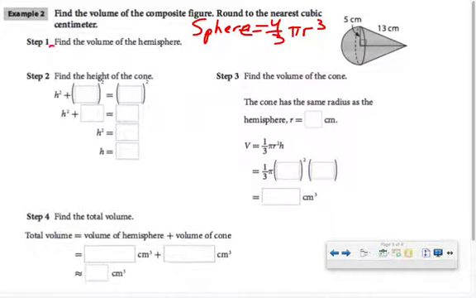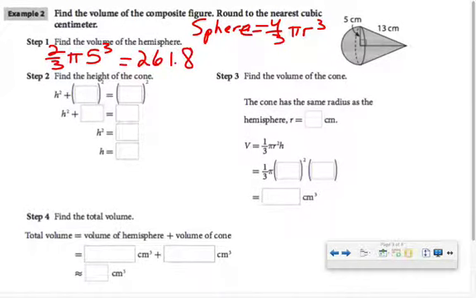So that'll be 2/3 times pi r, which is given to us as 5, cubed. So that is 5 to the 3rd power times pi times 2/3, approximately 261.8.